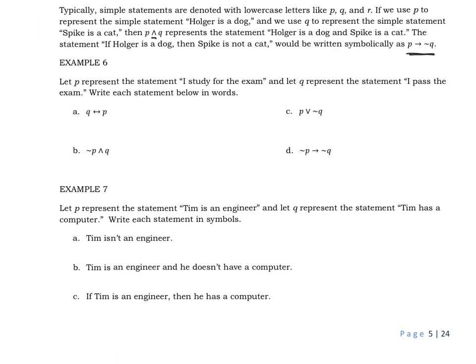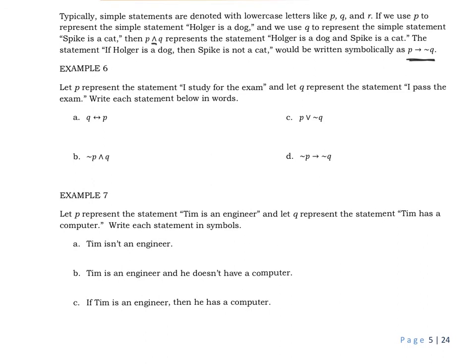Let P represent the statement, I study for the exam, and let Q represent the statement, I passed the exam. Write each statement below in words. So remember, this symbol stands for if and only if, okay? And so, I passed the exam if and only if I study for the exam.